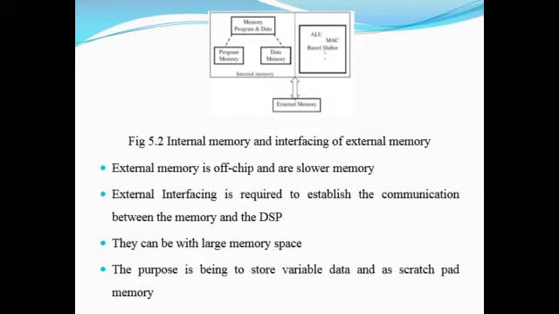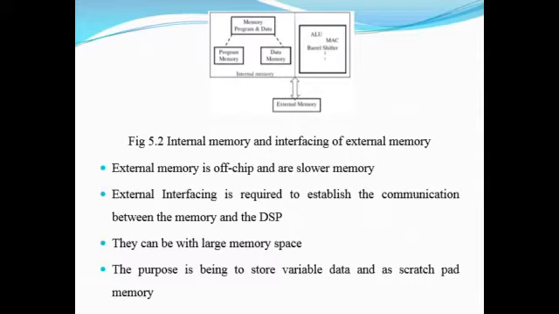The device can have a large memory space. We have already discussed that the memory space has 192 kilowords of memory allocation, divided separately for program, data and IO space. So it is very large. That is what we understood from this concept of interfacing.